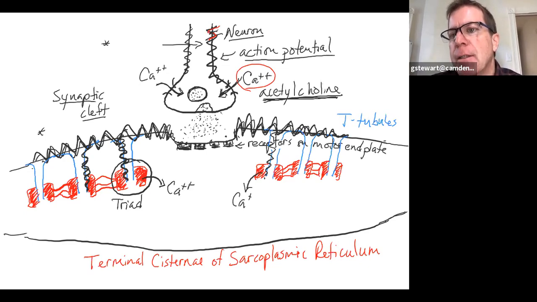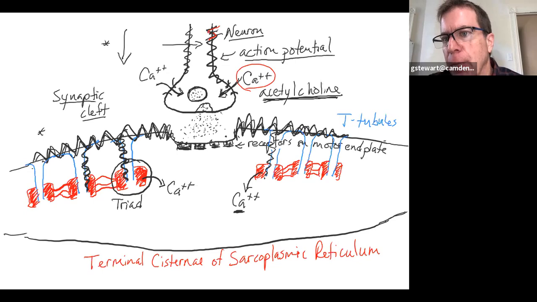Calcium floods the inside of a muscle cell. So the beginning of the story is when a nerve cell stimulates a skeletal muscle cell, and calcium is eventually released in huge quantities inside of the cell. So I'm going to save that board, and then we're going to find out what happens to this calcium.